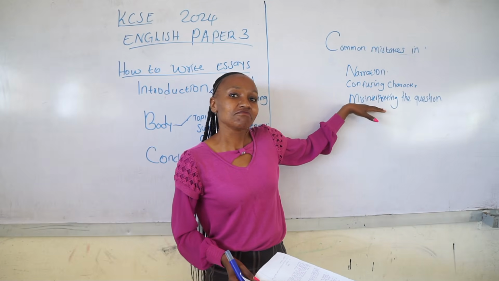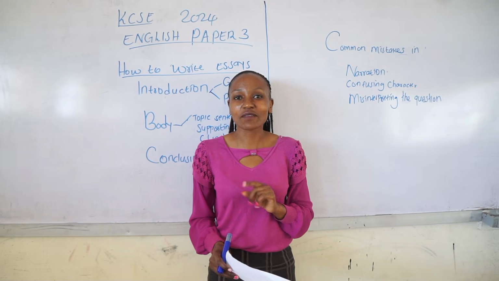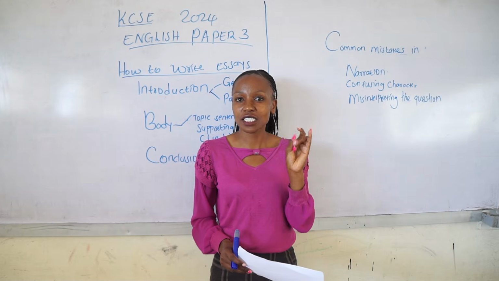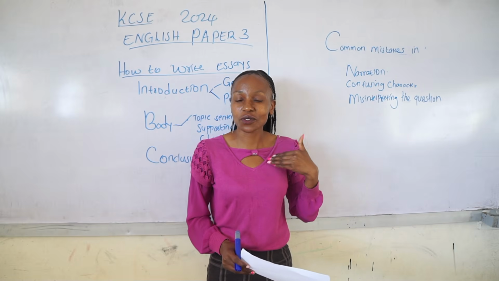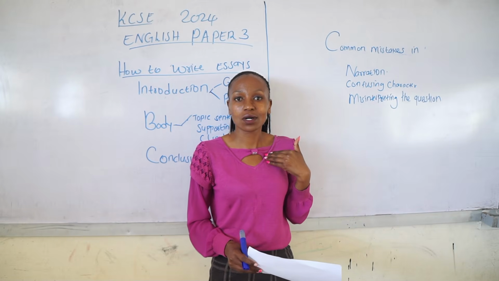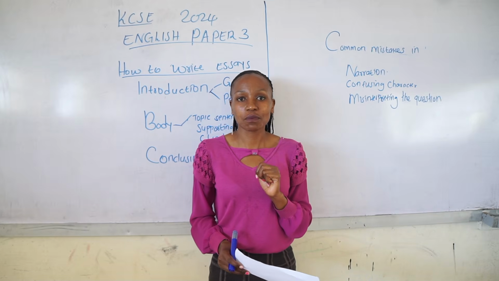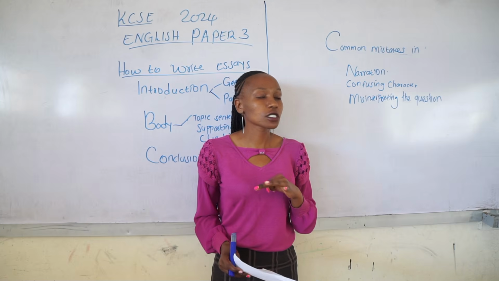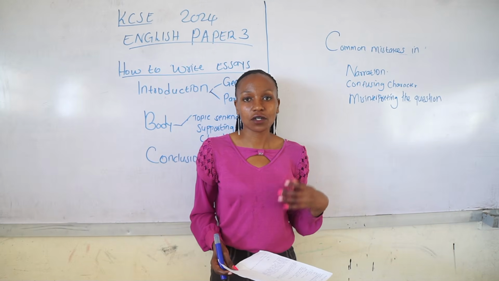And then misinterpreting the question. Before you begin your exam, just take your time. Read your question once, twice, thrice, and then ask what is the question trying to ask me to do? And then write it. We have the questions where you're supposed to include one character, and the questions where you're supposed to include two characters or three or four.